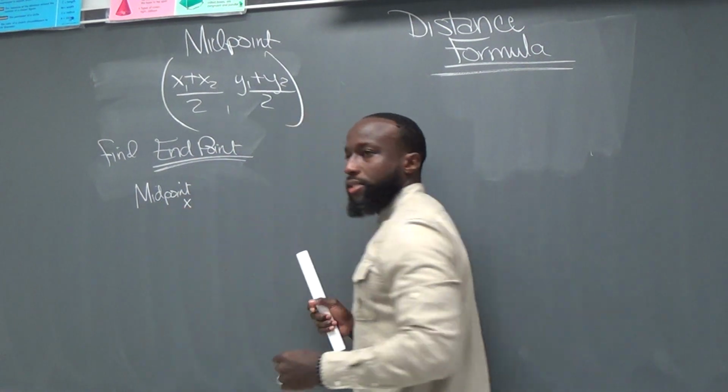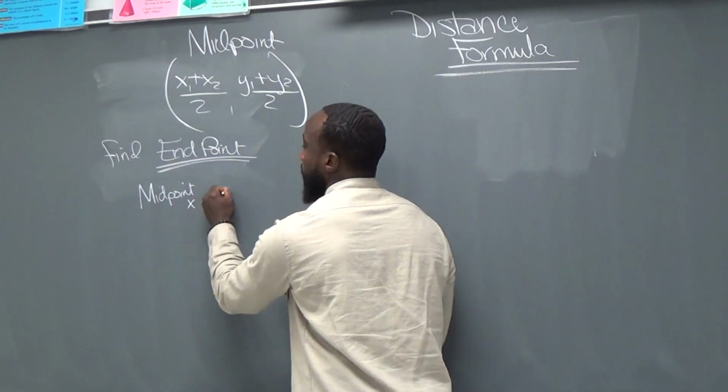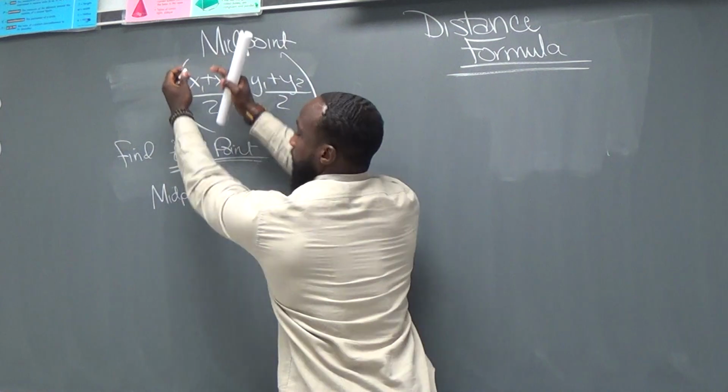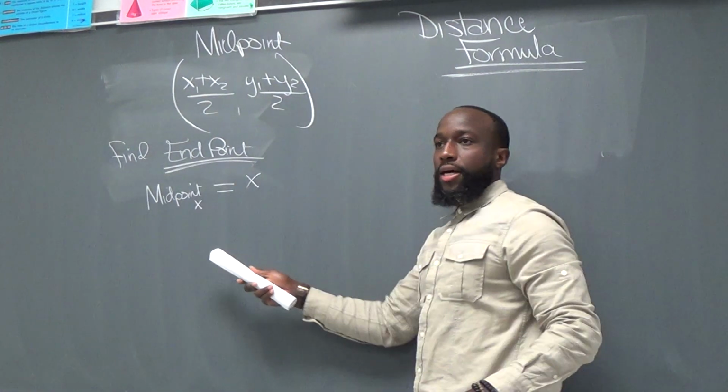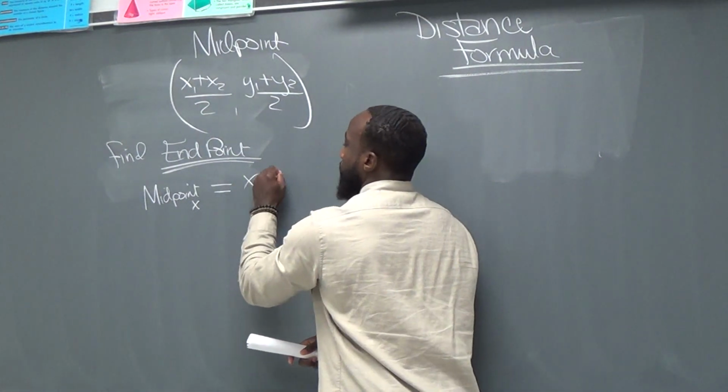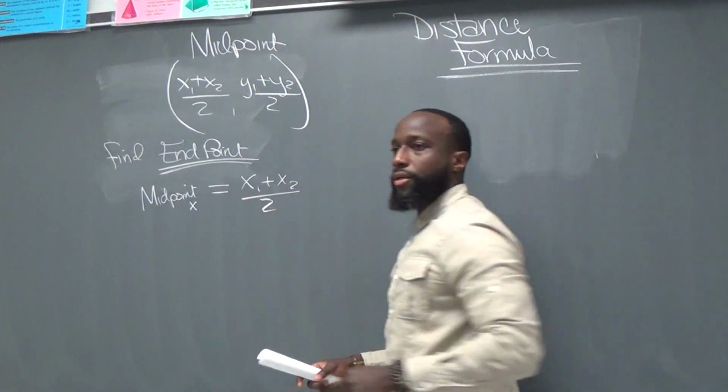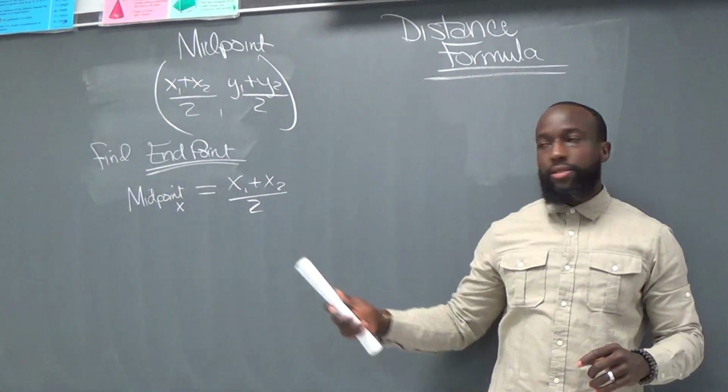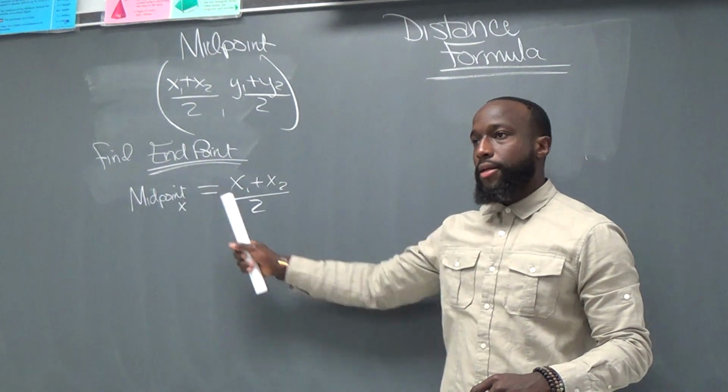The x of the midpoint or the y of the midpoint equals just one of these sections. If we're trying to find the x endpoint, we do x1 plus x2 over 2, and then we solve for the missing part.